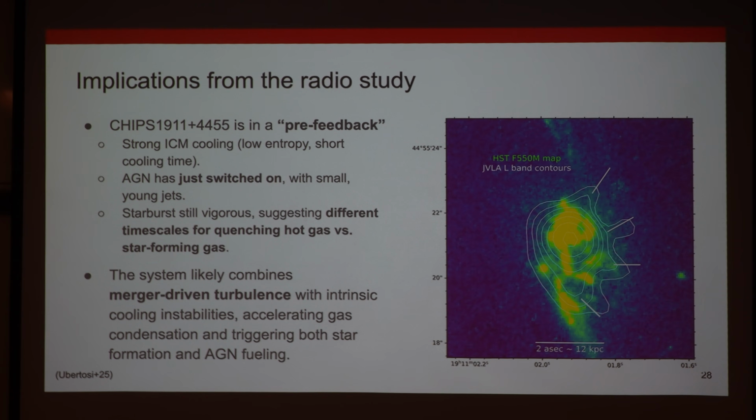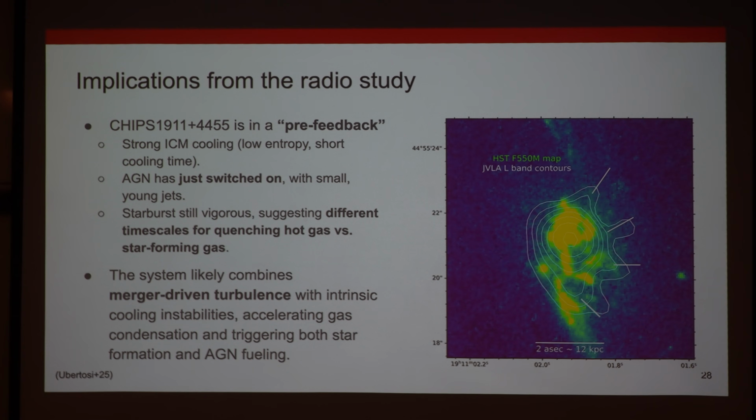Because of that, the star formation is still active, because the quenching time scale of the hot gas is different compared to the star-forming time scale of the gas. The jet is just getting active, which means it doesn't have enough time to stop the cooling from happening, and stars are still forming near the cluster center, near the BCG.